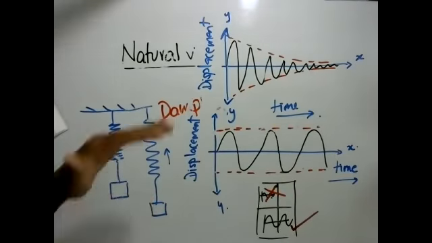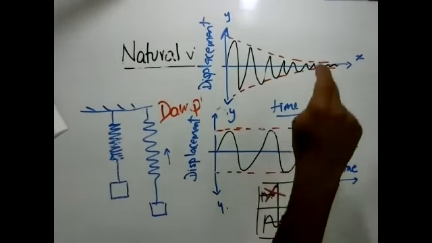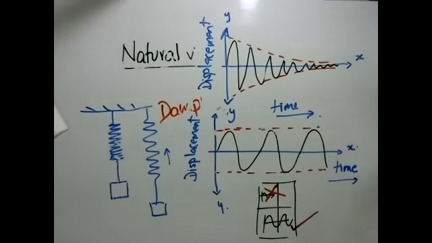Okay, so these are two ways in which you can graphically represent what is going to happen when there are no external forces present and when external forces are present. So I hope that makes it clear what natural vibrations and damped vibrations are. What remains to be seen is forced vibrations, and we can pick that up in the next class.